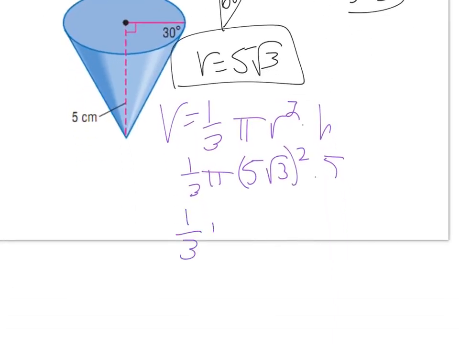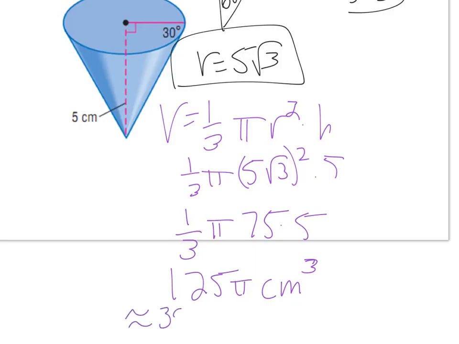So that's 1/3 pi 75 times 5. So that's going to give me 125 pi centimeters cubed. Then I multiply that by pi, and I get approximately 392.699 centimeters cubed.